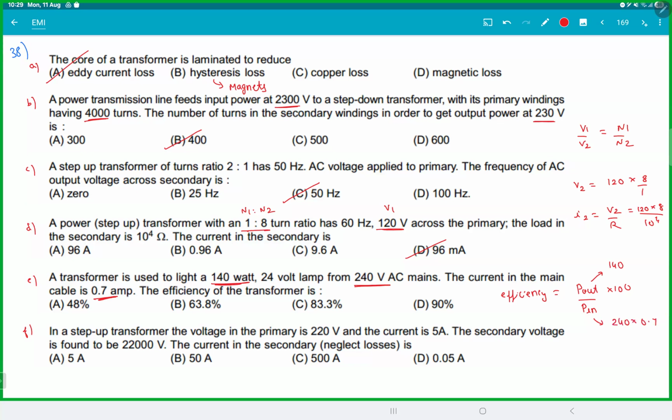Check it out, how much is that? 20 by 240 into 100. 100 by 12. 25 by 3, 83.33%. And this is 0.05. That's it. Transformers generally don't have much on this.